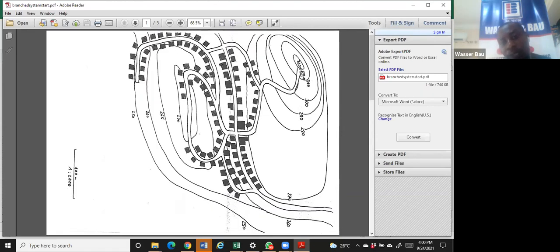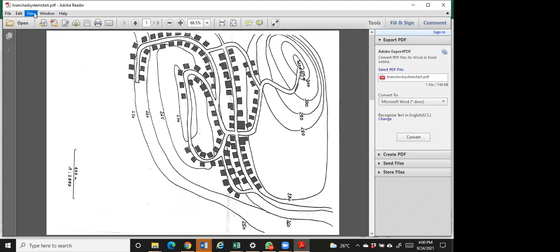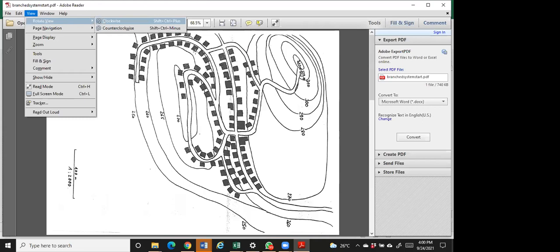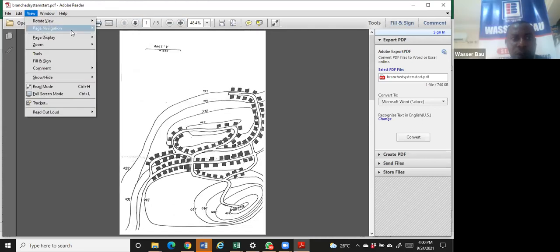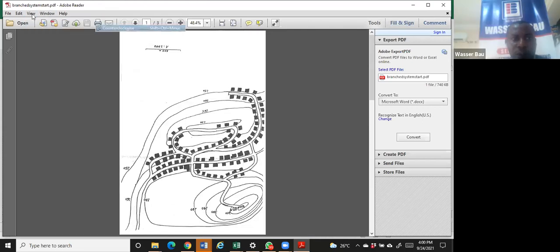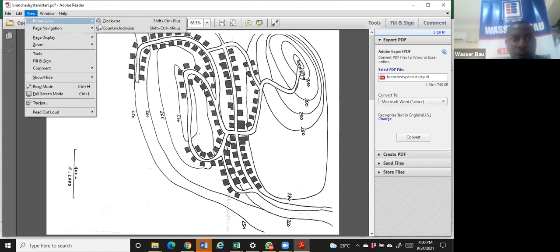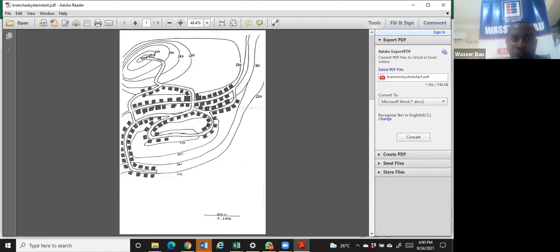So upstream of node 6, you have 1, 2, 3, 4. We have about 4 houses on node 6.